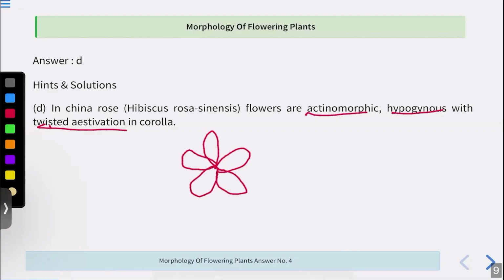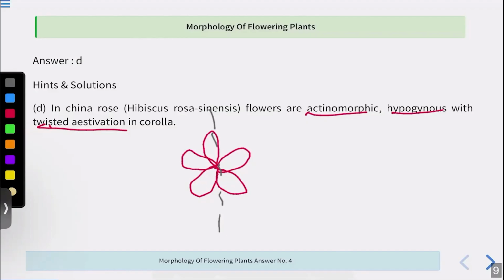From the top, it will look something like this. You can actually make a mirror image by passing a plane through it. That is what is called an actinomorphic flower. Easy to understand?